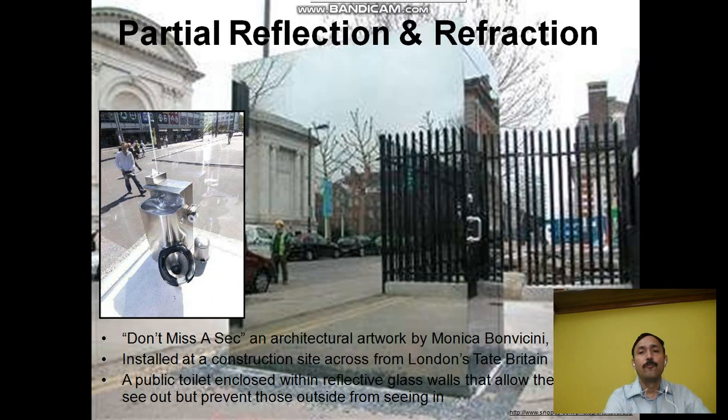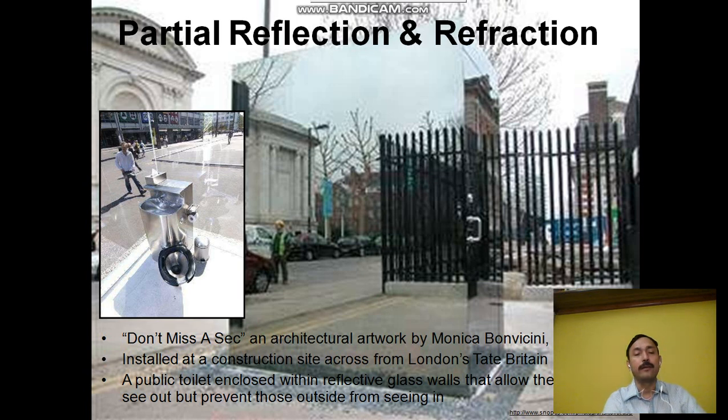One very good example of partial refraction is "Don't Miss a Second", an architectural artwork by Monica Bonvicini in December 2003, installed at a construction site across from the Tate Britain museum in London.